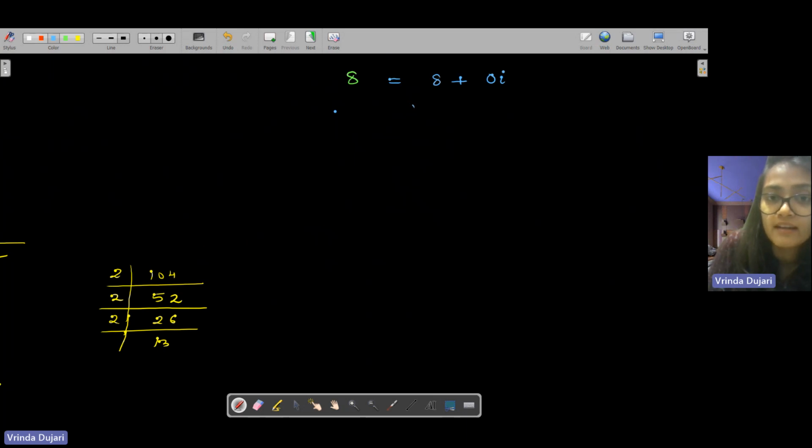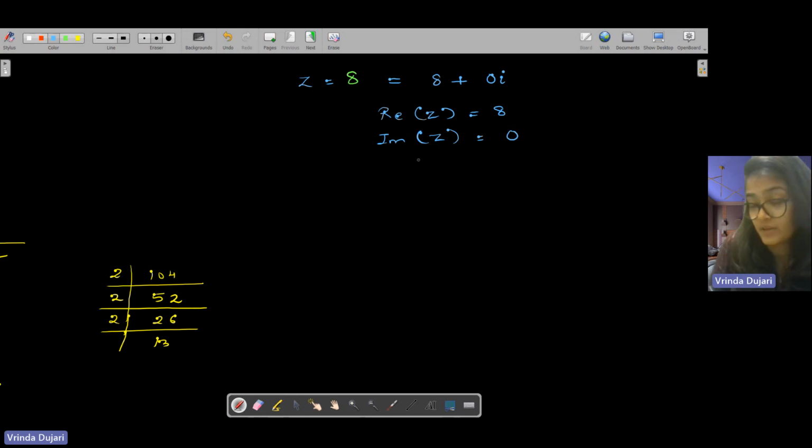It's just that we have its real part. Now see, if I say that z is 8, so real part of z is 8 and imaginary part of z is 0. So every real number is a complex number. Now let's say if you want to find out the absolute value of this.